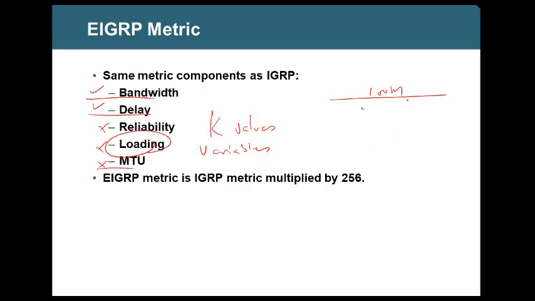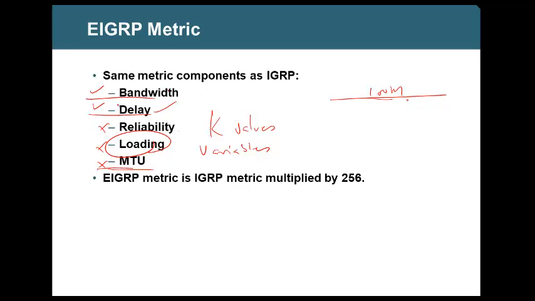In 100 meg, the delay is always constant. It won't go up or down. Likewise, MTU is also constant for the links. For various links, various MTU. But because we already have two constants, the MTU is not now considered.